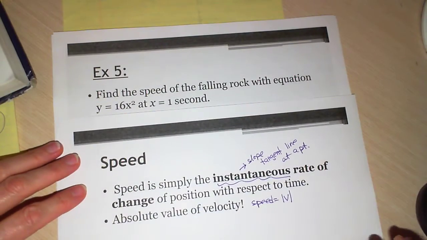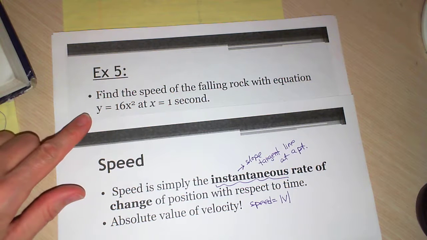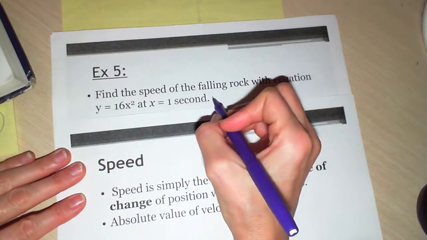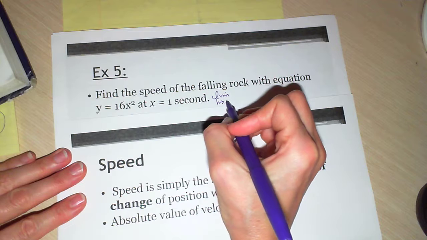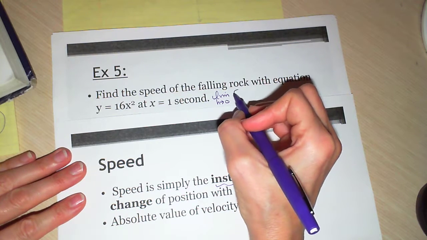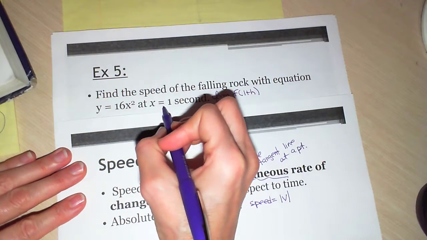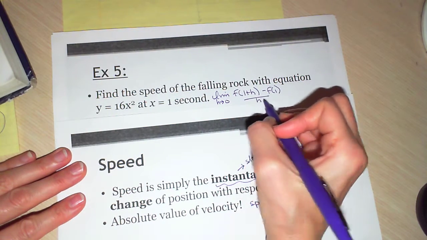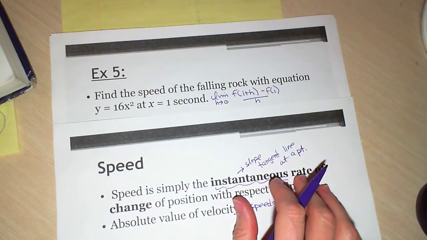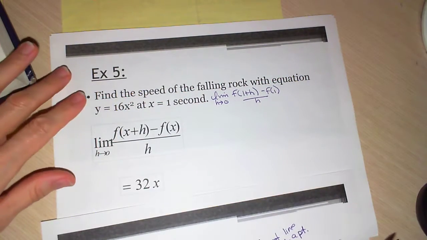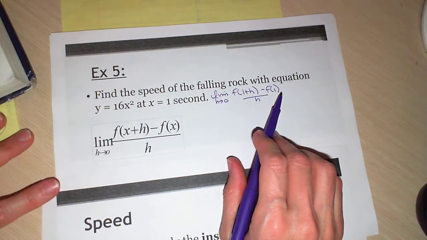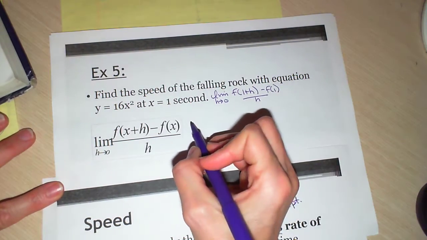Here it is. Find the speed of a falling rock with the equation 16x squared at x equals 1. So this is our same limit as h approaches 0 of f of 1 plus h, because our x is 1, minus f of 1, all over h. Okay, so I encourage you to find these parts separately on your own, and then you can see how I get what I get right now.